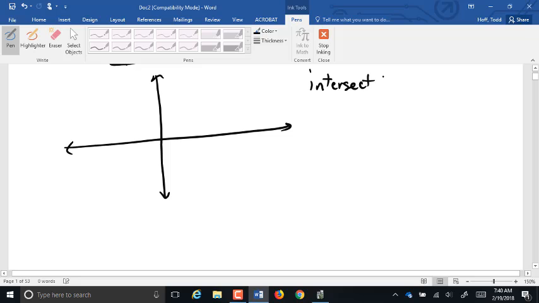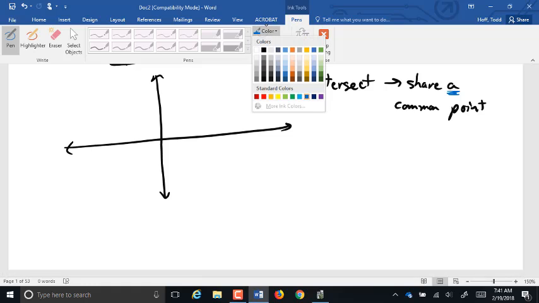The technical definition of intersect is to share a common point. How many common points? One common point. A common point. So these two lines intersect.